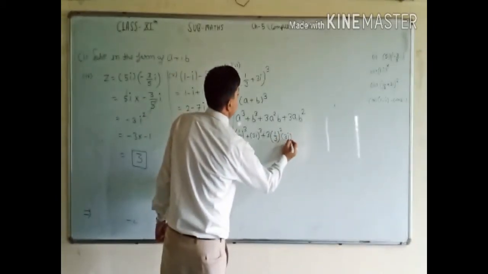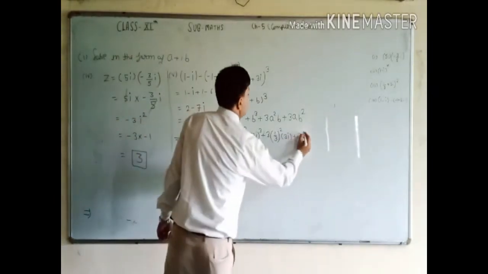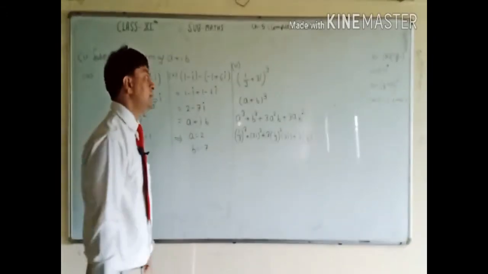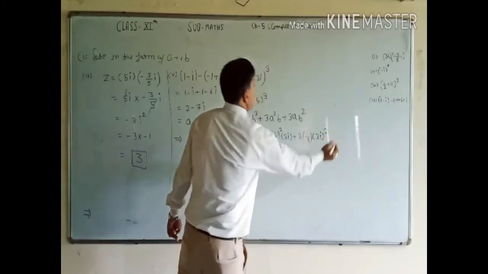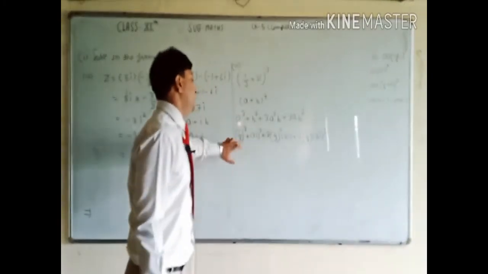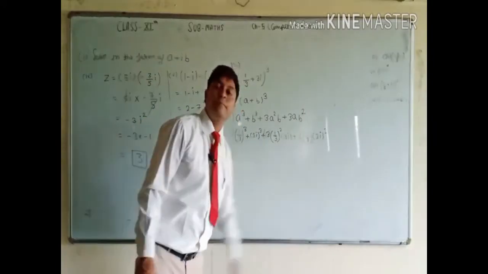Now this is 3, this is a is 1 upon 3, and in the last this is b square and b is 3 iota square. Okay students, this is the form of a plus b whole cube, where a cube plus b cube plus 3a square b plus 3ab square.